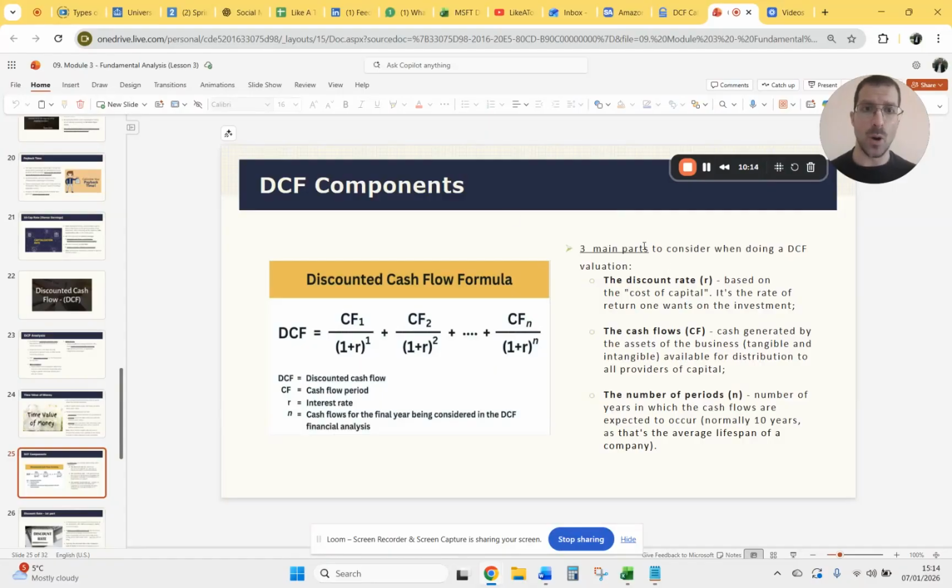The three main components include the discount rate. This is based on the cost of capital of the company. It's the rate of return one wants on the investment. For the sake of simplicity, I always use 15%. Calculating the WACC, which is the weighted average cost of capital, can be tricky, especially if you are a beginner.